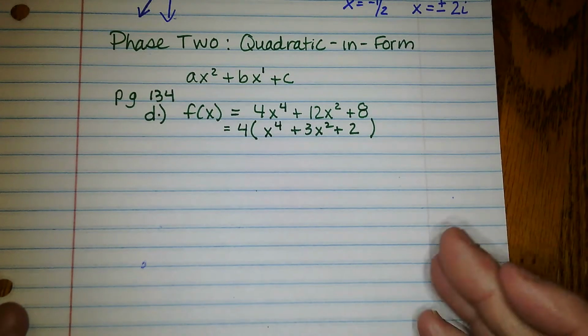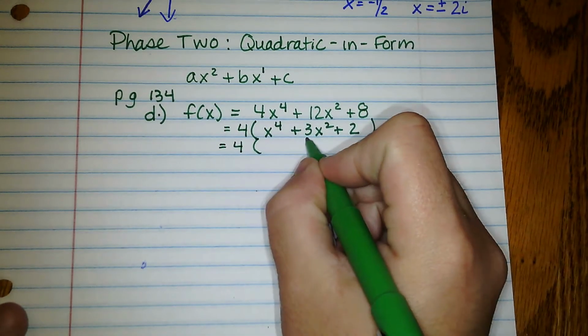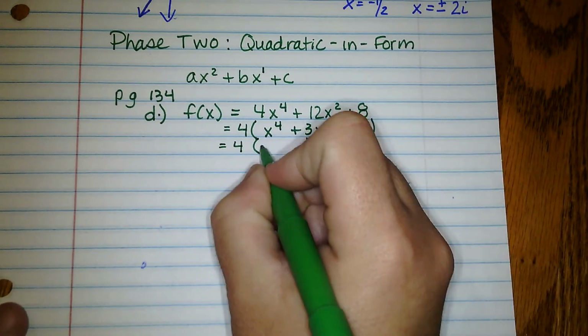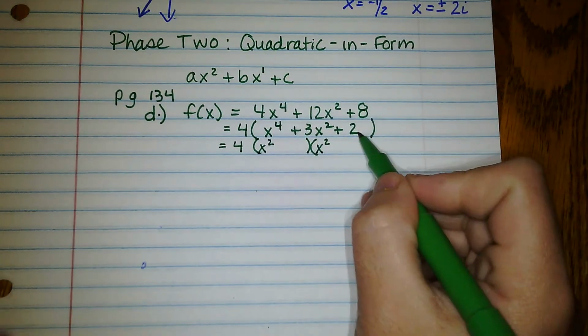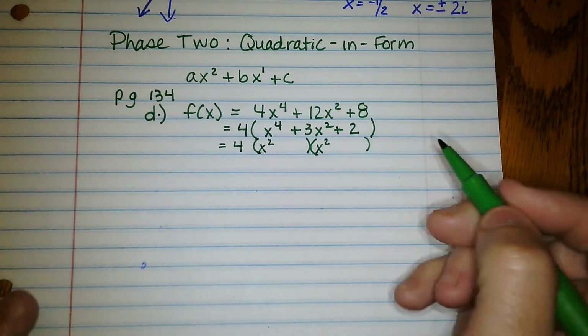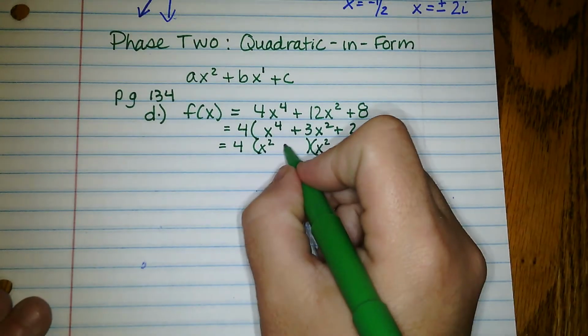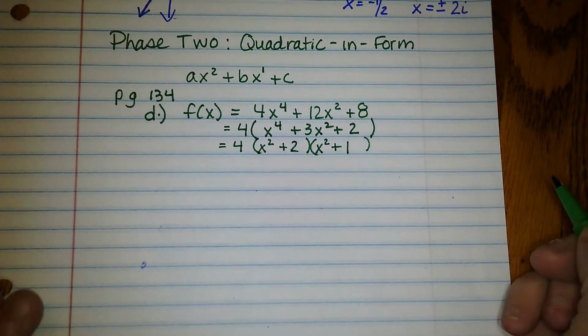In fact, that's exactly how we're going to handle it, except instead of putting x and x, we're going to have x squared and x squared. But our factors of 2 that add up to 3 are just 2 times 1. So there they are.